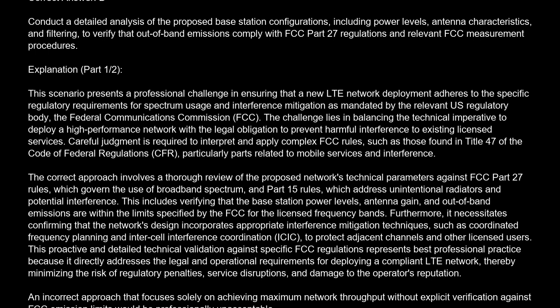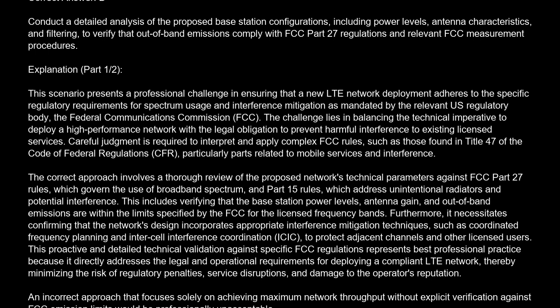Furthermore, it necessitates confirming that the network's design incorporates appropriate interference mitigation techniques, such as coordinated frequency planning and intercell interference coordination, ISIC, to protect adjacent channels and other licensed users.